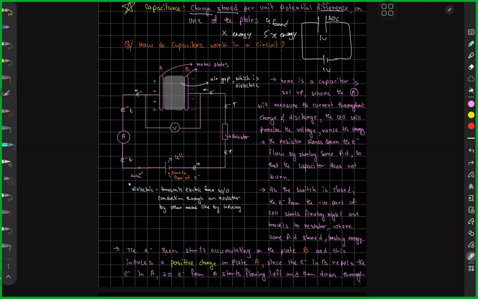What is the consequence of that? As you have a greater accumulation or storage of negative charge over here, it will repel all the negative charges, that is, all the electrons on plate A, a lot of them if not all. Why? Because like charges repel. That's the basic idea over here.